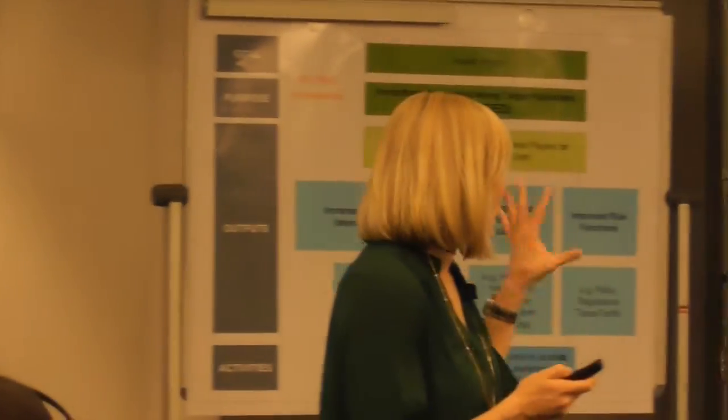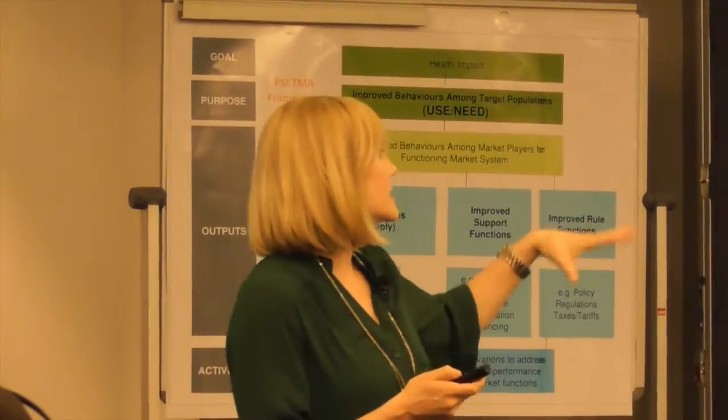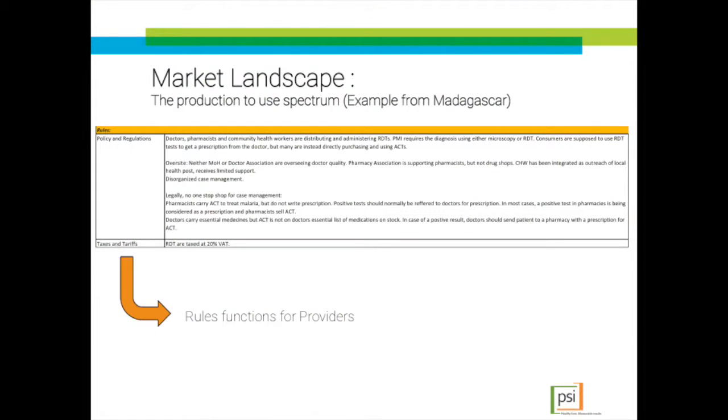So this is very small, but this is just an example of the information that was collected for Madagascar recently for the malaria case management market along the policy and regulatory supporting or rules function. And I think what this is trying to demonstrate is this is actually a big issue in Madagascar.